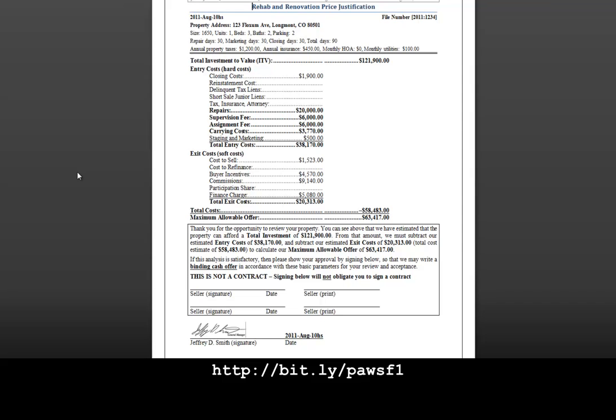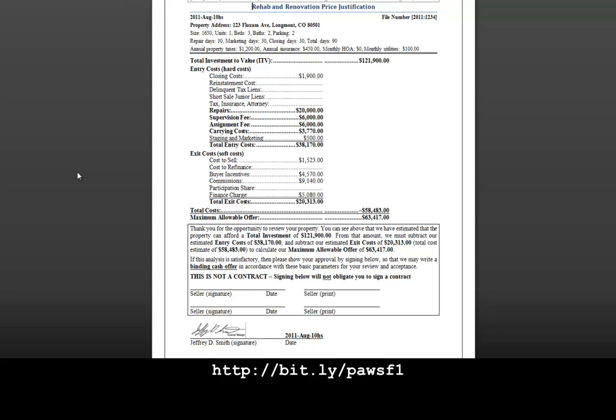We show our cost going in, our cost coming out, and our maximum allowable offer is $63,417. This is similar to a letter of intent that is used in commercial real estate, but it's just a one-page summary showing how much we intend to invest in this property.